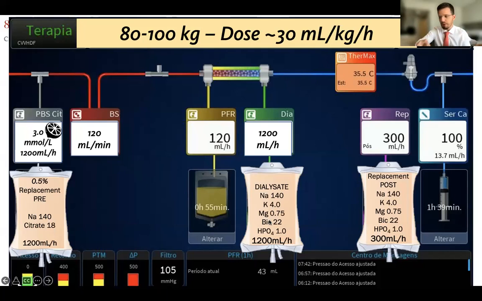And here's the blueprint of the CRT circuit. So blood, from left to right, comes from the patient and gets citrate. We usually start with a concentration of 3 mmol per liter of citrate, using 0.5% citrate.